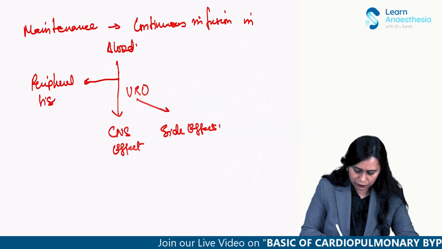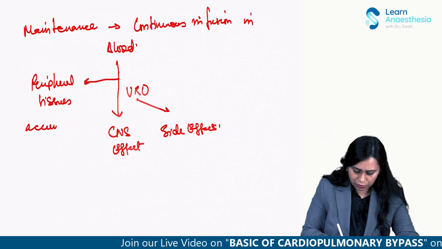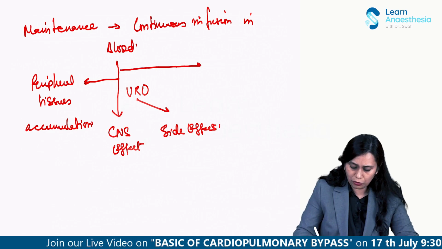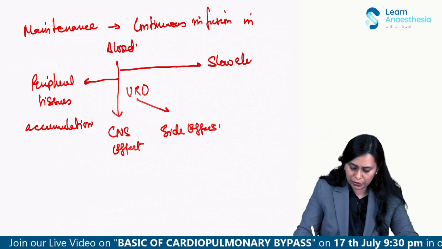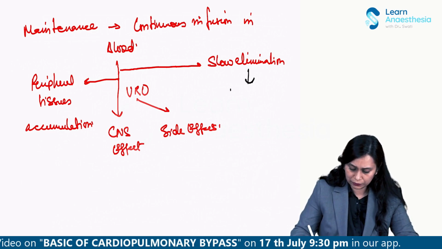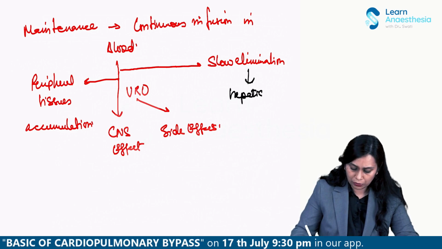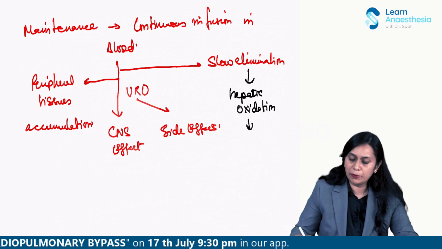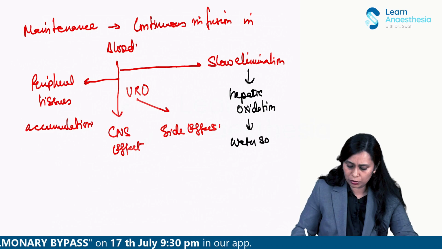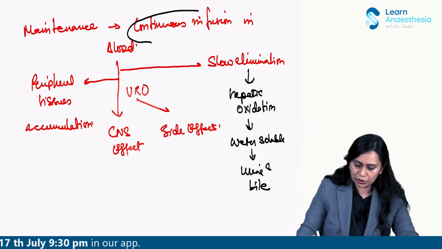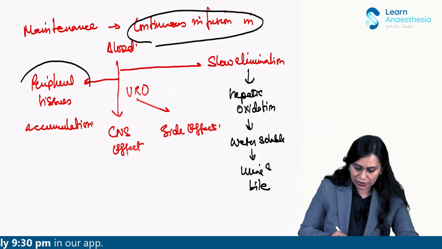Here it will accumulate, and slow metabolism and slow elimination will happen. The elimination is by the liver, by the process of hepatic oxidation. So a water soluble metabolite is produced, which is excreted in urine and bile. Okay. So for maintenance with continuous infusion, it is getting accumulated in the peripheral tissue.